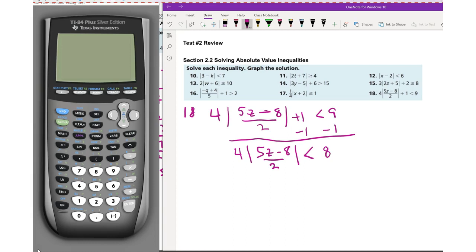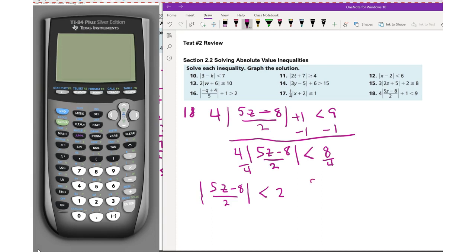Our next step is to divide both sides by 4. So we have the absolute value of 5z minus 8 divided by 2 less than 8 divided by 4, which is 2. So now that we have the absolute value by itself on the left side, we can go ahead and write both solutions.